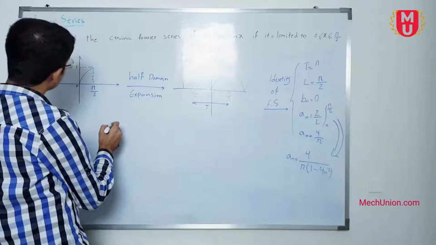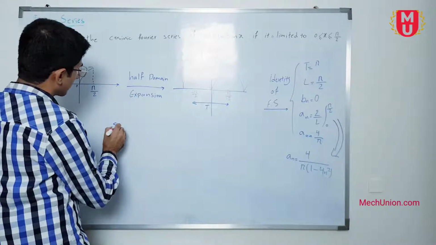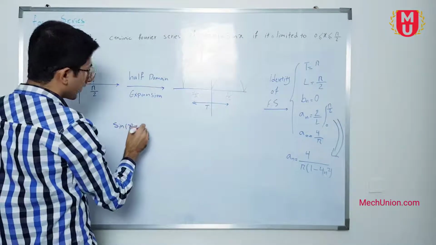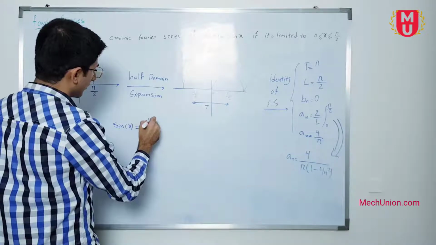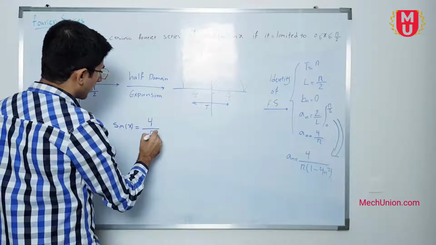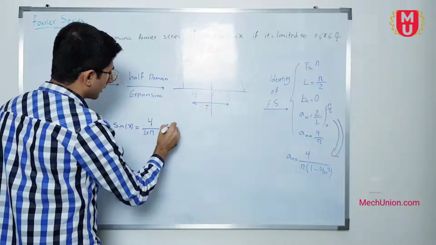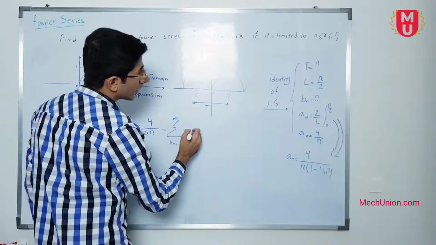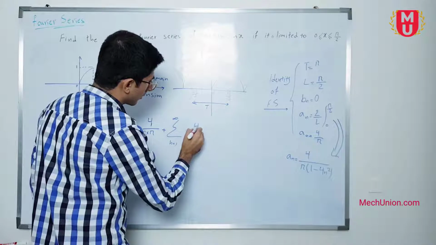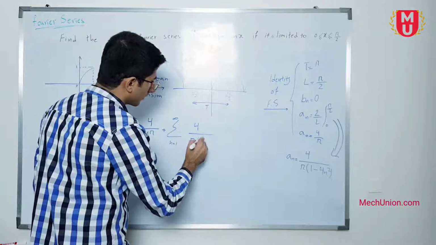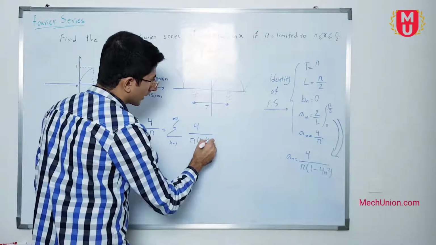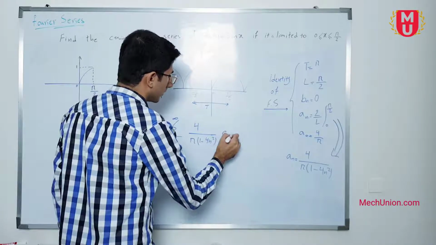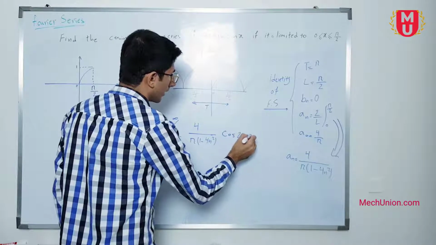Okay, our desired function of sin x in the limited region will become A naught, 4 over pi times 2, plus summation to infinity of An, which is 4 over pi times 1 minus 4n squared, times cosine 2n x.